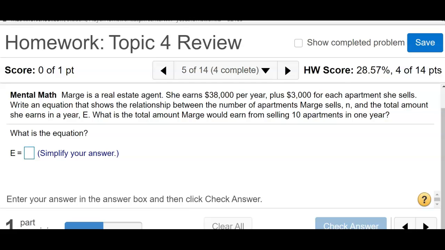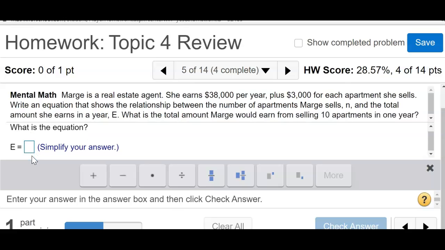Plus 3,000 and times however many apartments she sells. Good. And how many apartments she sells is represented by? N. So our equation should be 38,000 plus 3,000 times N. Could I have 3,000 N plus 38,000? Yes, that order can change, doesn't really matter.